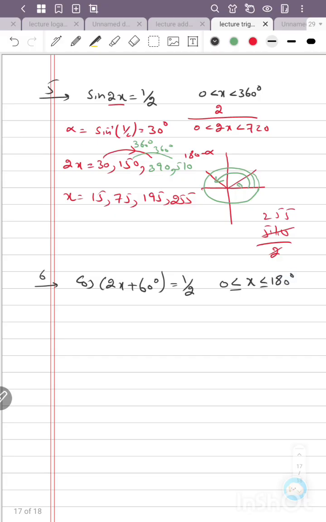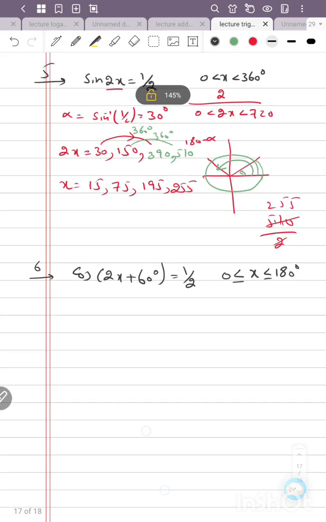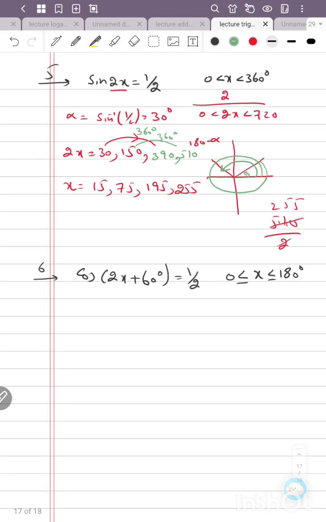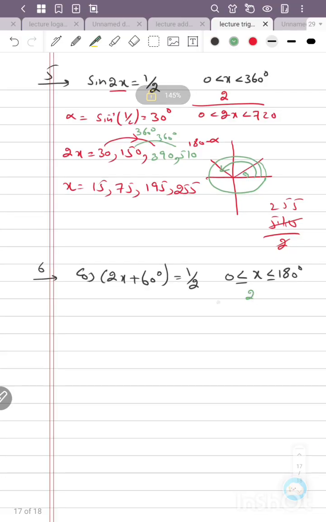We need alpha. First of all, we have to note the interval. Here if we multiply by 2, we get 0 less than or equal to 2x less than or equal to 360, because here we have 2x, we have to convert it into 2x.